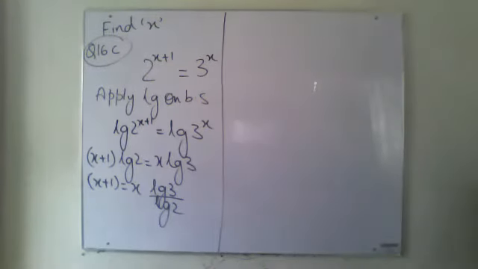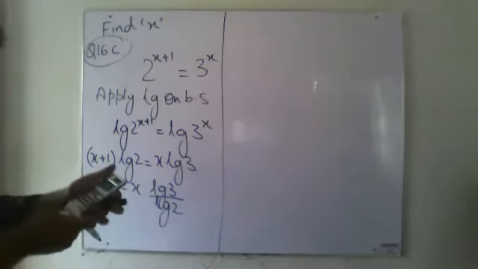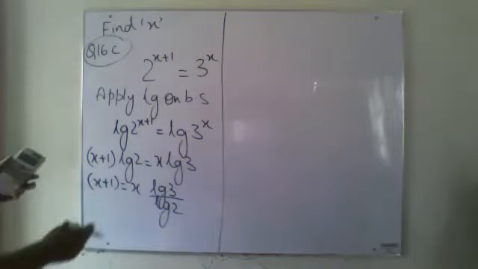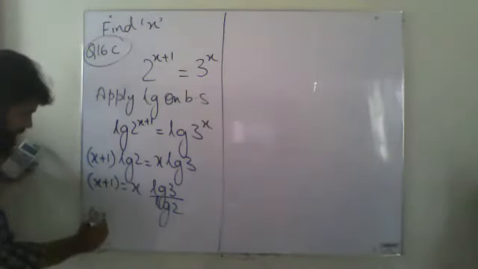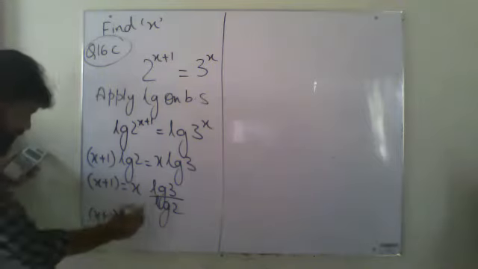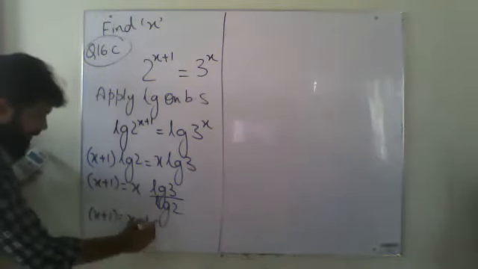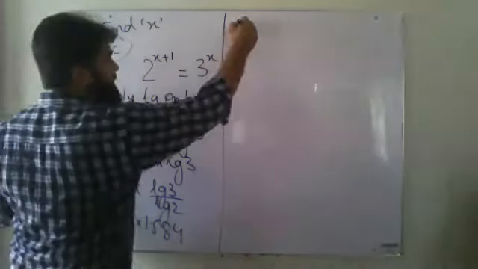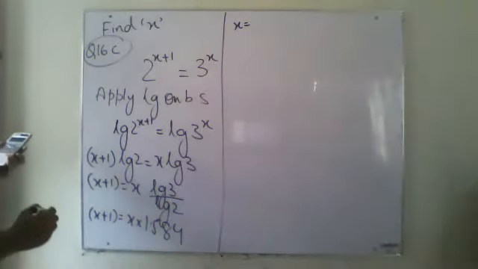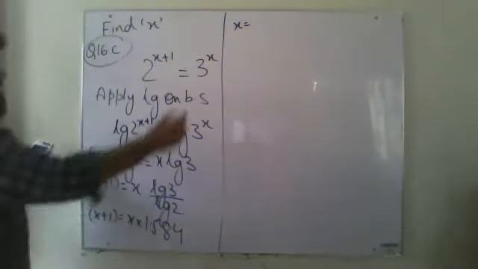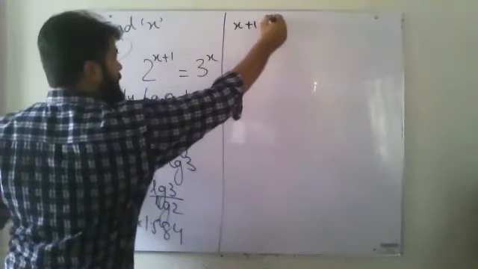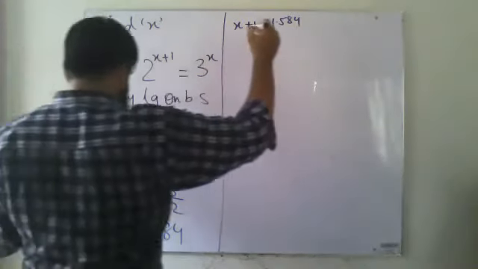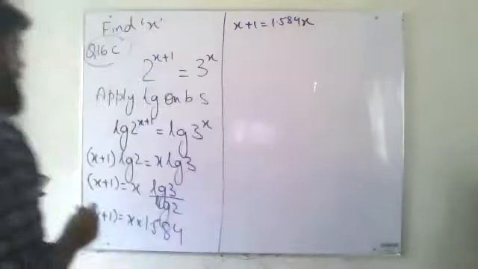Right, now I'm finding out the value of LG3 divided by LG2 using calculator, and the answer of this thing is coming x plus 1 equals to x multiplied by 1.584. So x plus 1 equals to 1.584 into x.